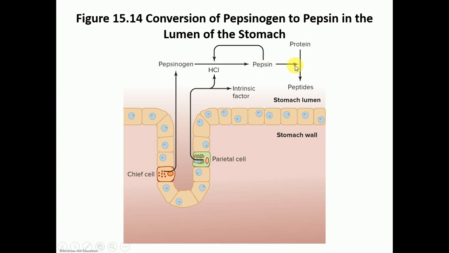And pepsin is a protein digesting hormone. You'll see here that it'll start the process of protein digestion into smaller peptides. Any enzyme that digests protein comes out in an inactive form. So you'll see that recurring throughout all of these protein digesting enzymes.